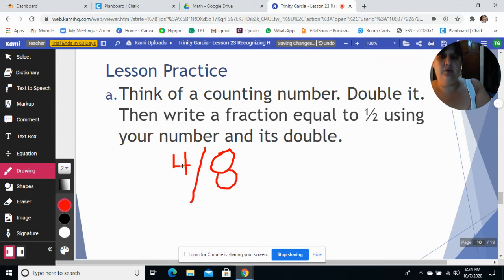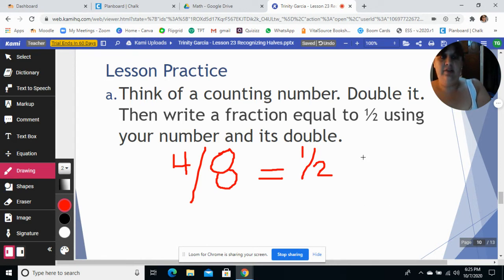Okay, because 4 is my numerator, 8 is my denominator, and 4 is half of 8. Okay, so I could say 4/8 is equal to what? 1/2. Okay, there you go. Not too hard, right?